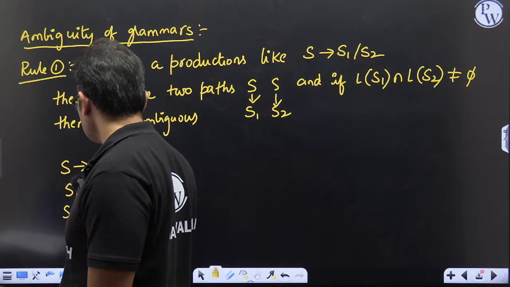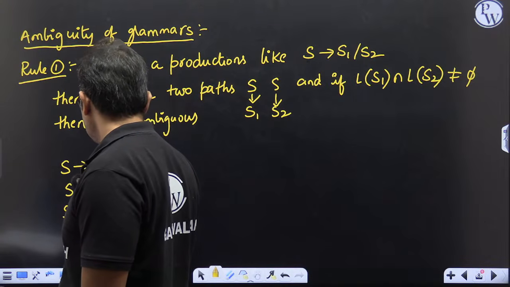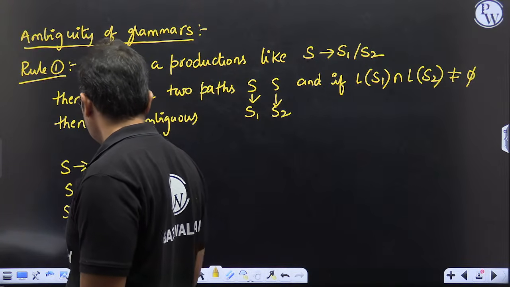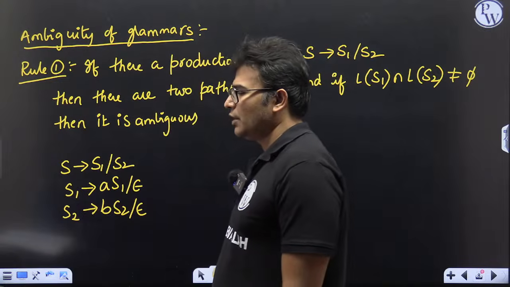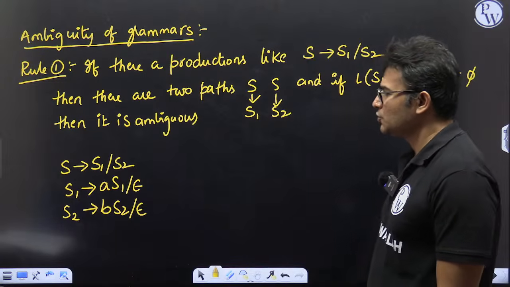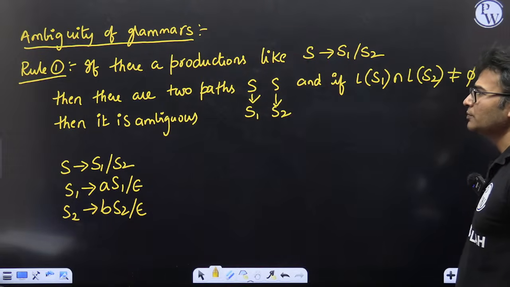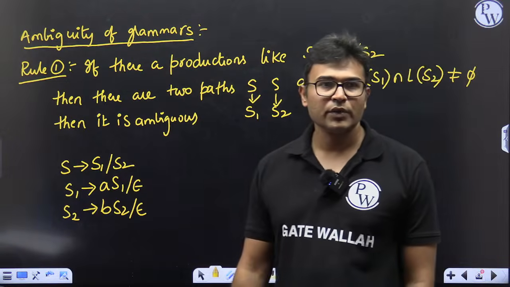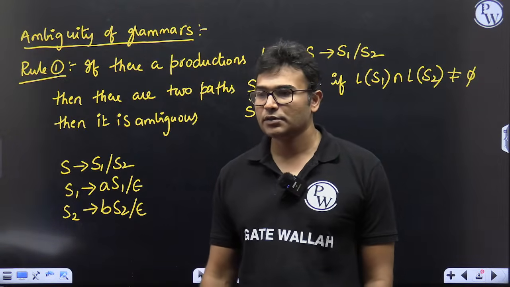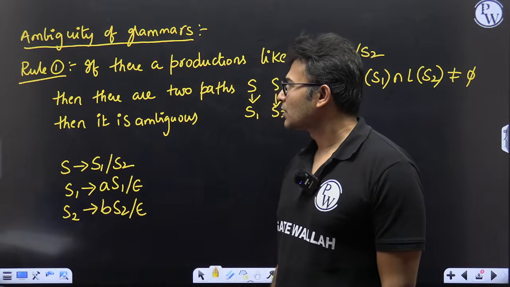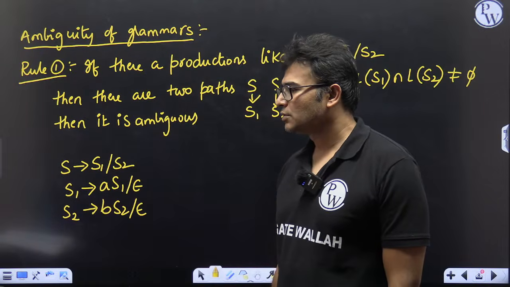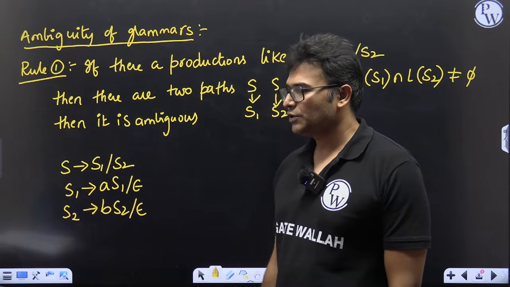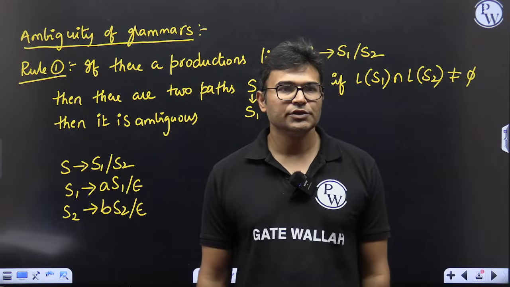S2 derives BS2 or epsilon. Tell me for this grammar, is it ambiguous?